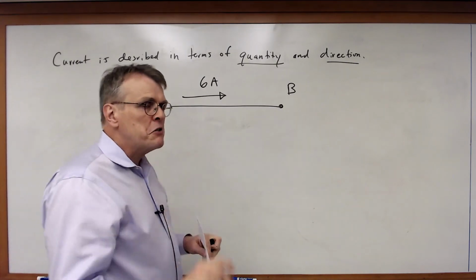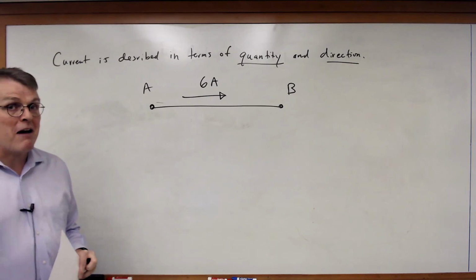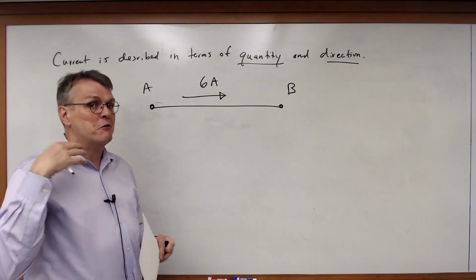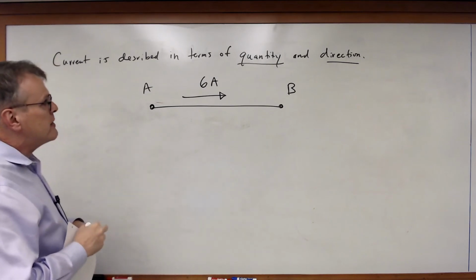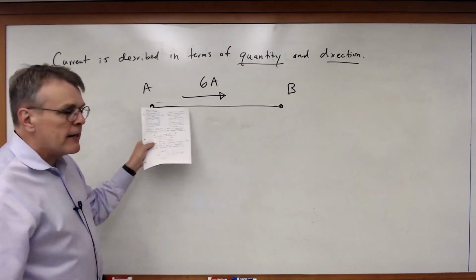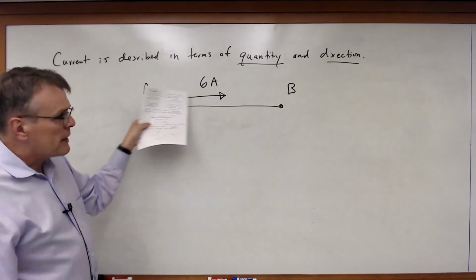Now, here's something that isn't always obvious to everybody, but it's something you have to learn how to use as you learn about circuits. And that is that there is a mathematically equivalent way of writing what I just did here.